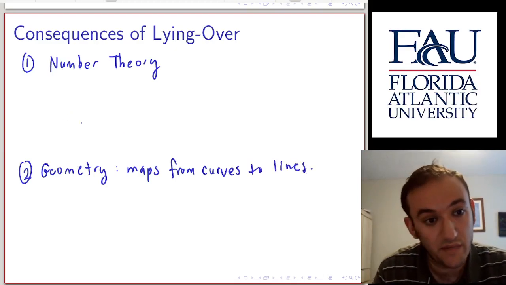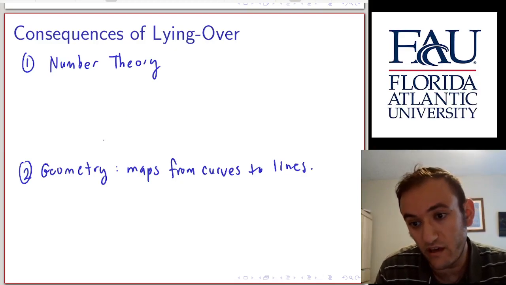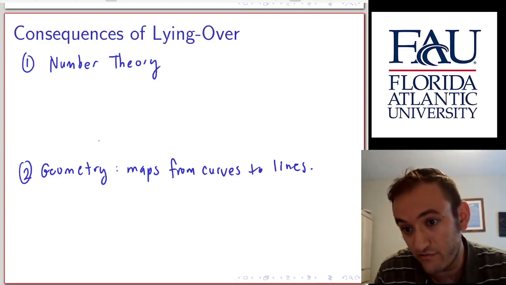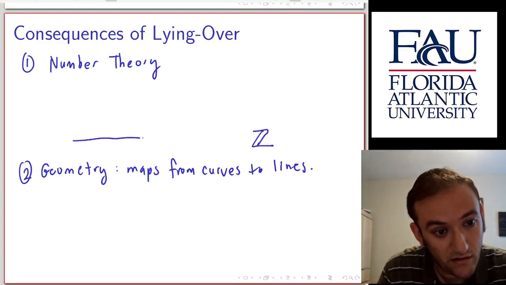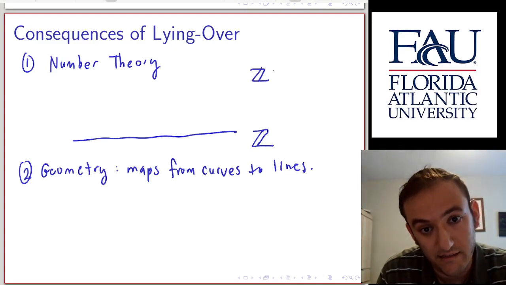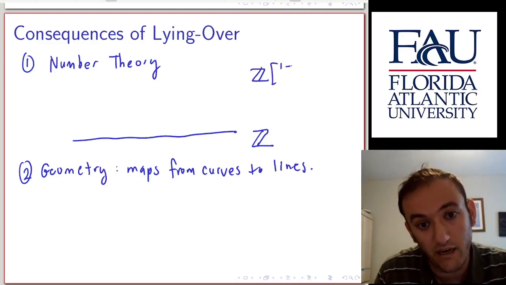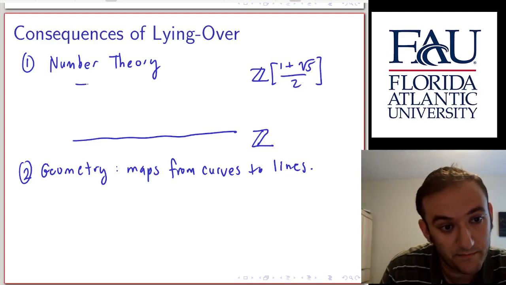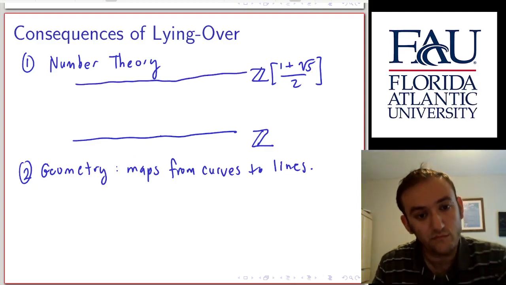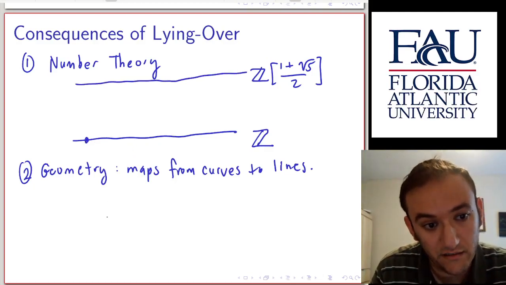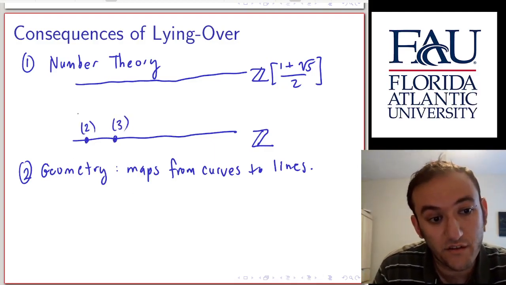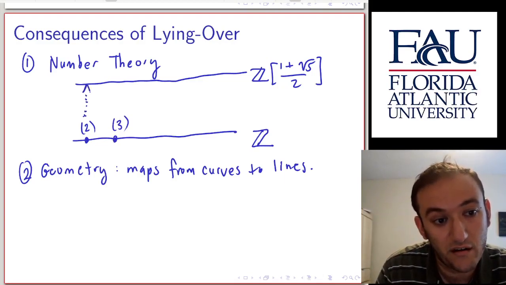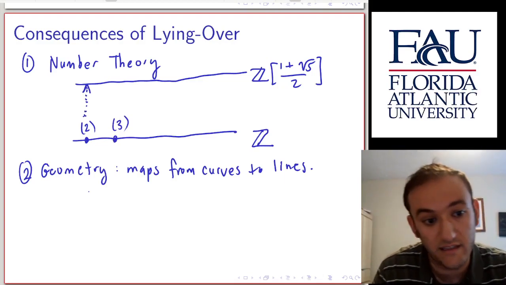So in number theory, what this means is that if we're thinking about an extension of the integers, so if we have Z down here, and let's say Z adjoin (1 plus square root of 5) over 2 up here, then for any prime ideal here, there's going to be some prime ideal up here which intersects in precisely that prime ideal.